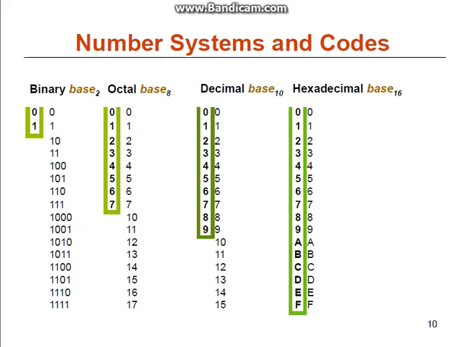For hexadecimal, everything is exactly like decimal up until here, because we do have 10, but after that 10 is actually represented as A in hexadecimal, and then you just proceed: 11, 12, 13, 14, 15, all the way up until F. So that's how it is.